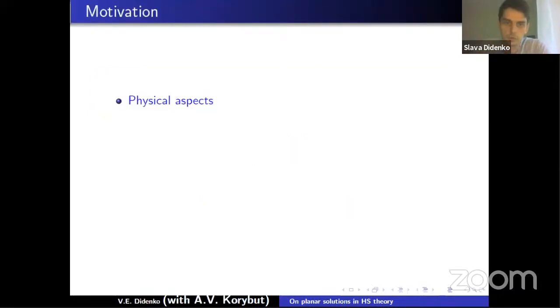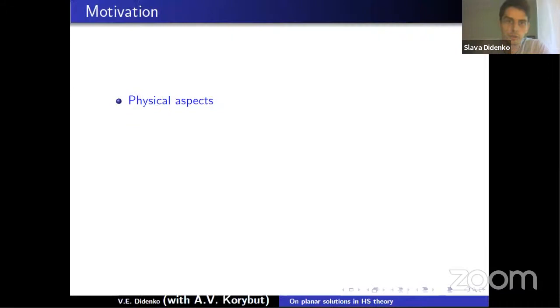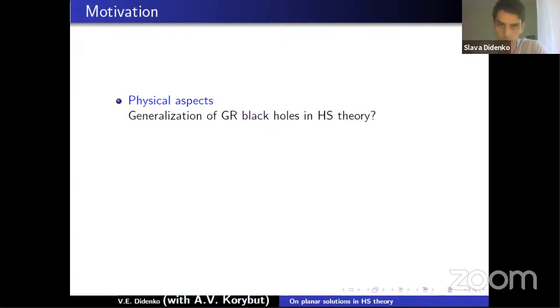So the motivation of planar solutions in higher spin theory is kind of twofold for us. There are physical aspects, like what kind of generalization of general relativity black holes could be in higher spin theory. That might be some naive way to construct, just by controlling only the symmetries, but maybe it works after all.